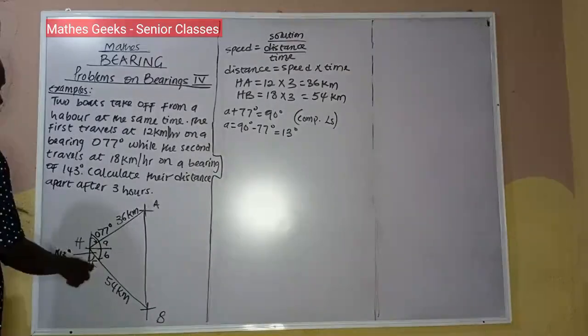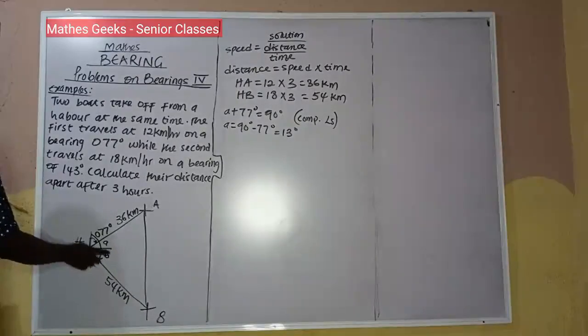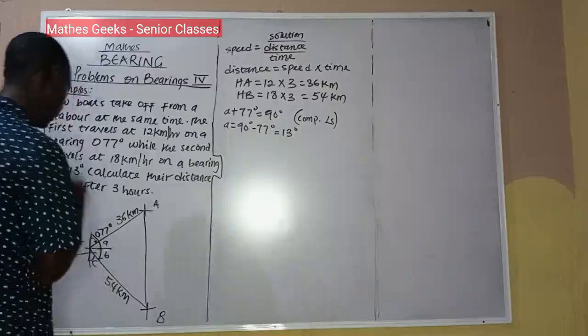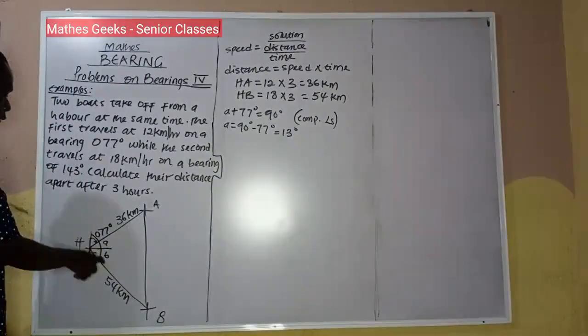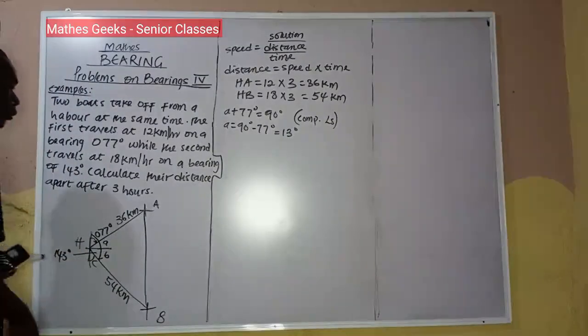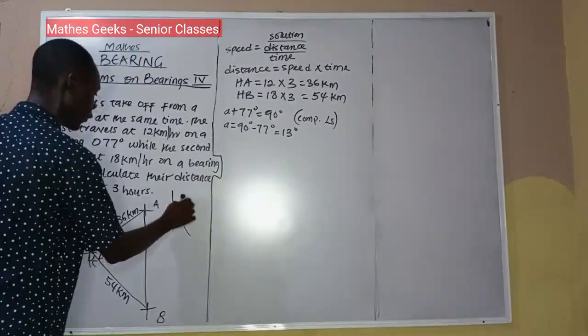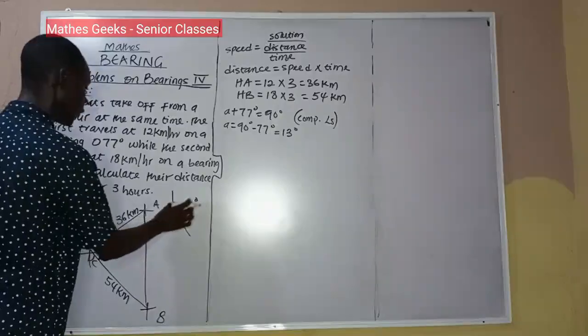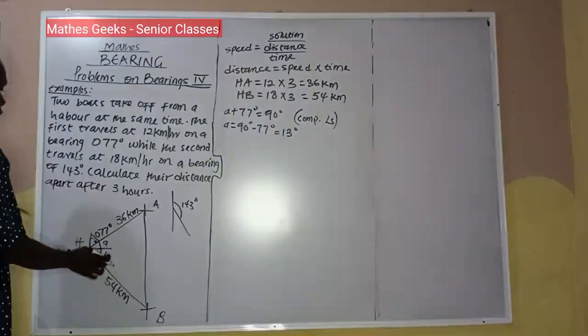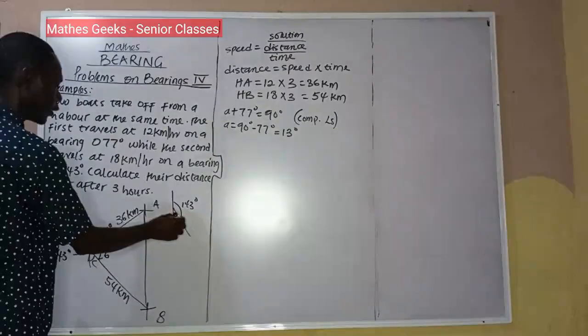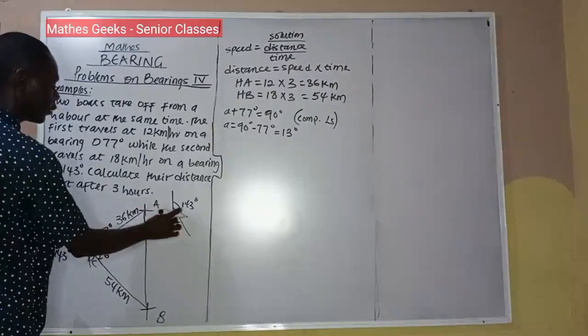So these two are complementary angles, so we can get B from C. This is 143 degrees, and C is here.